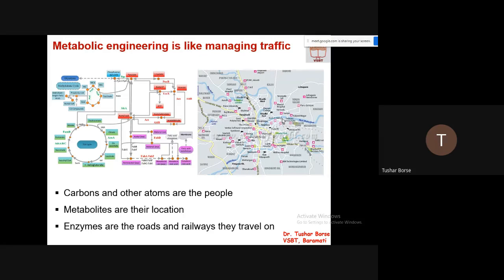The same way you will have to think that if you are trying to do any kind of modification in the metabolic pathways, what kind of effect it will have on the other pathways. So managing the traffic could be a very good example to understand the things.